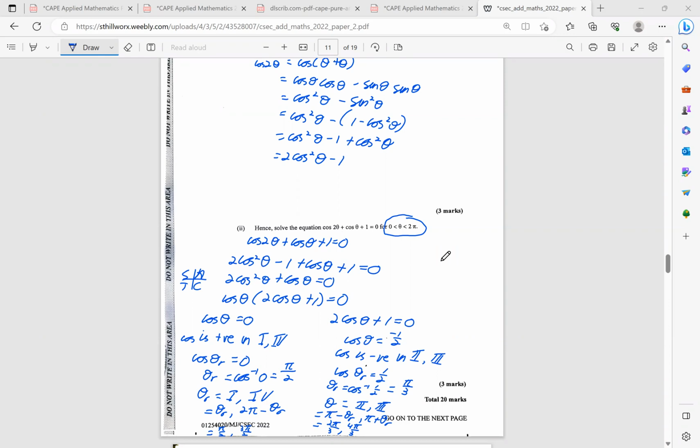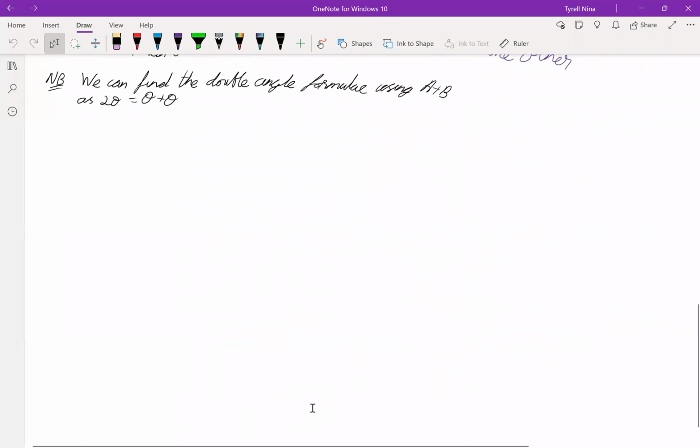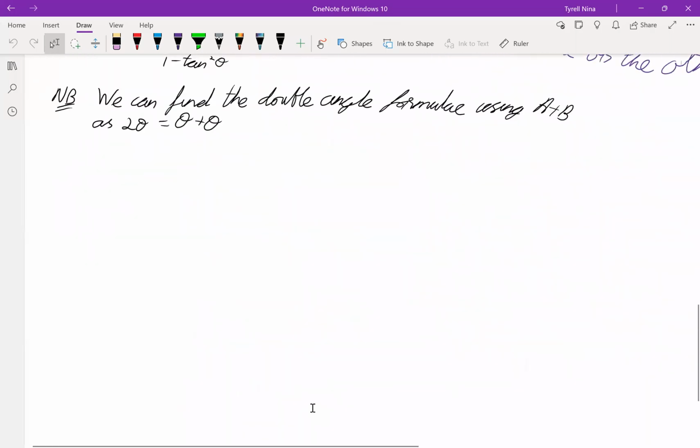All right, before I go on, I realize I forgot something with regards to trigs, and that is exact values.